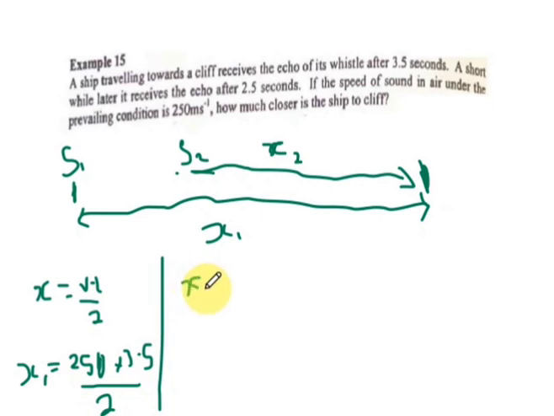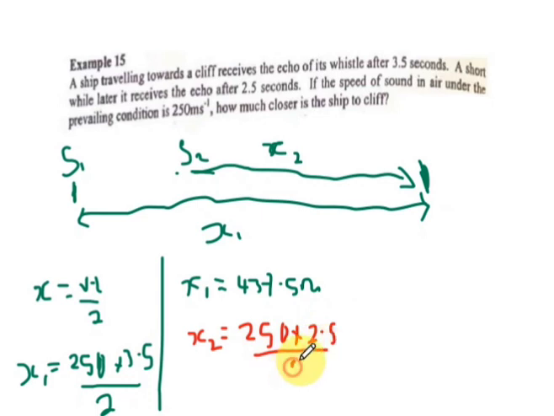So x1 is equal to 437.5 meters. Now for x2, we use the same formula again, vt. So our speed remains the same, 250 times t, that's 2.5 seconds, divided by 2. So work this out. This is going to give us 312.5 meters.